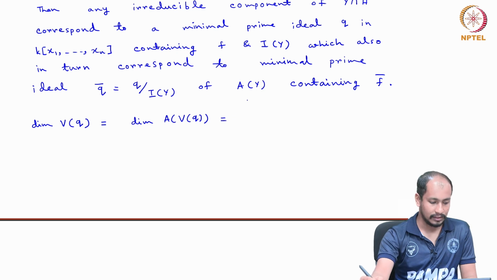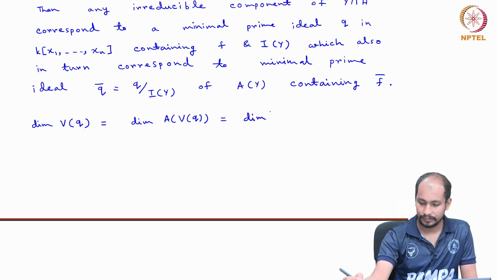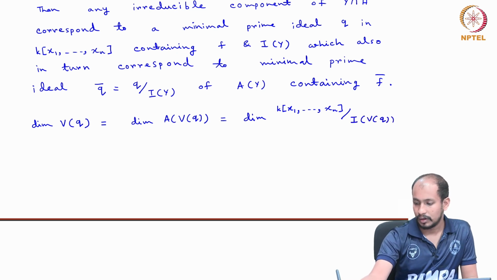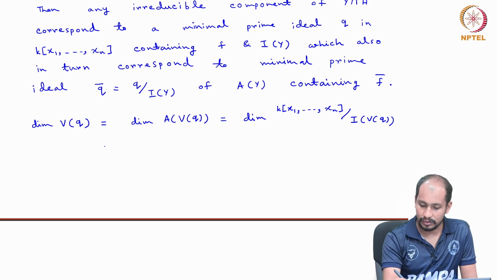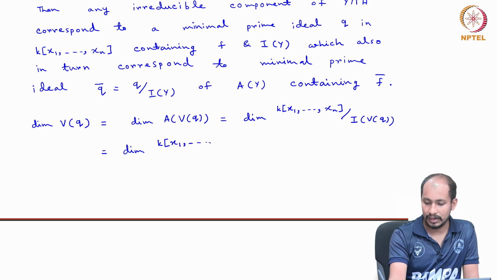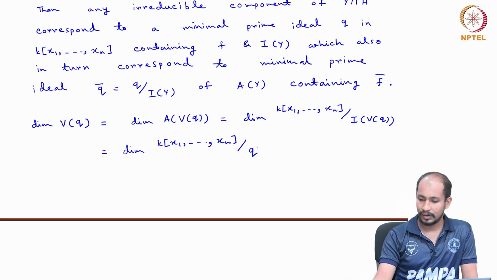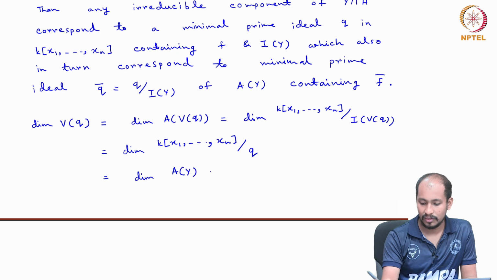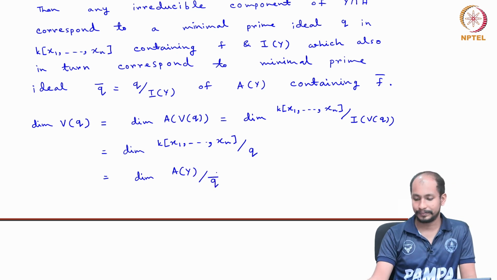Now, this is nothing but the dimension of k[x1, ..., xn] modulo I of V_q. Now q is a prime ideal, so this will equal the dimension of k[x1, ..., xn] modulo q, right.